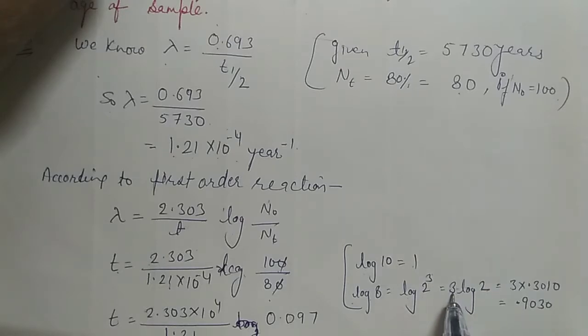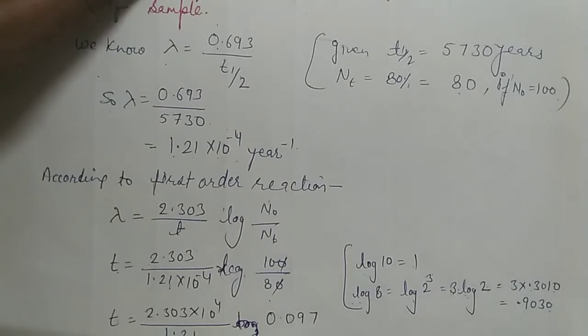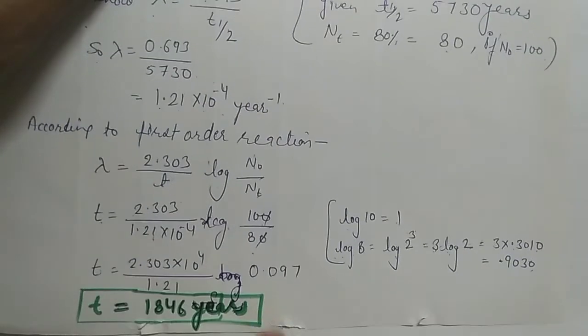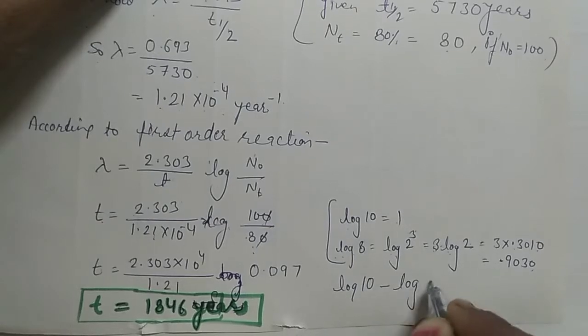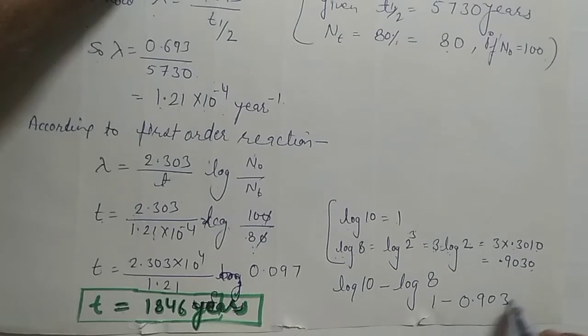So log 8 is equal to 3 log 2. The value of log 2 is 0.3010, so log 8 is 0.9030. On solving, log 10 minus log 8 means 1 minus 0.9030, so the answer will be 0.097.